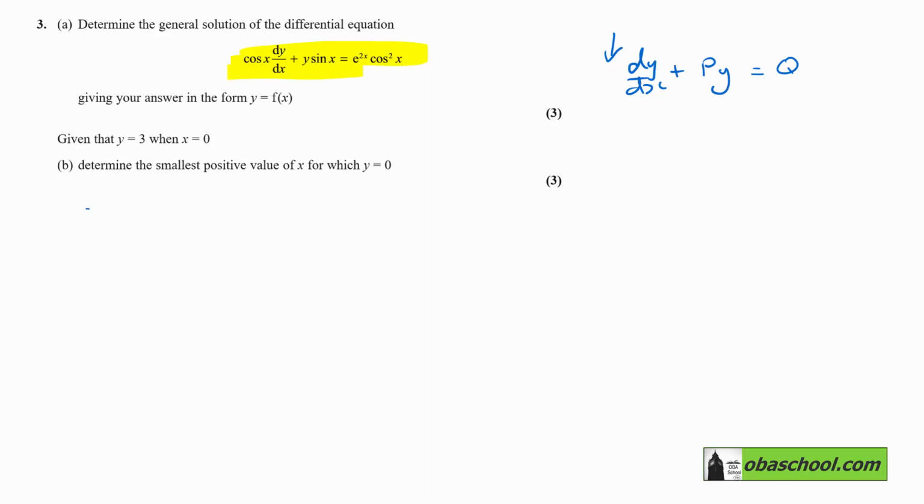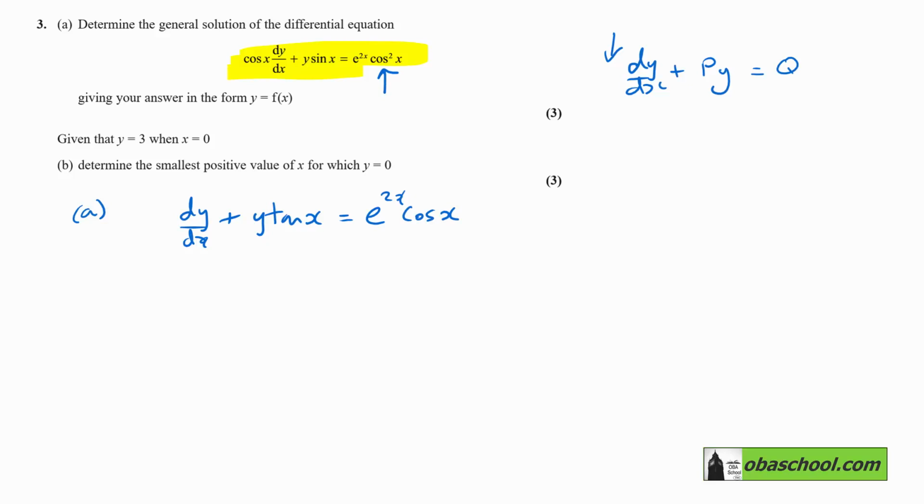If we do that, we get dy/dx + y tan x = e^(2x) cos x. The cos x dividing over here will get rid of the squared.